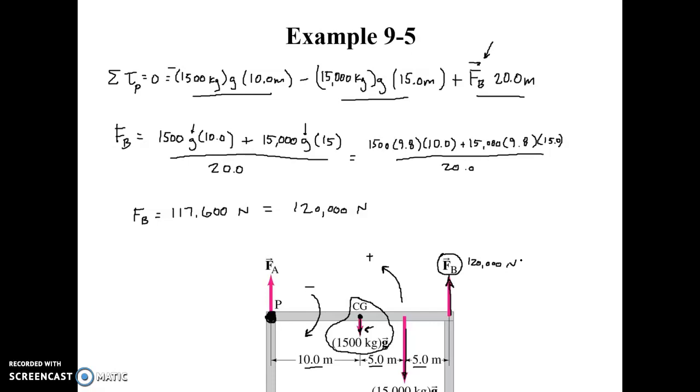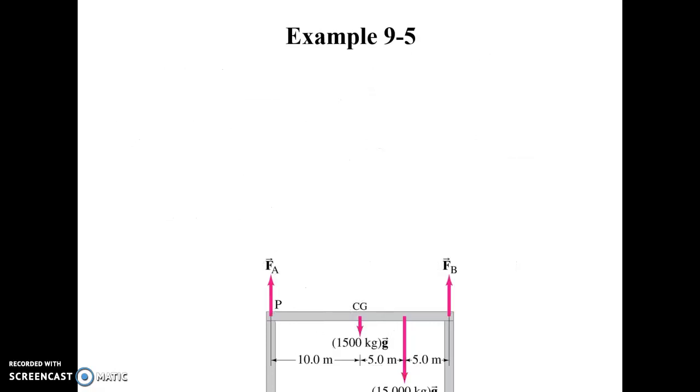120,000 newtons. Okay, so then what is Fa? Well, let's move on to the next slide here. So one of our other equilibrium equations was that the sum of forces in the y direction equals 0. So what are all the forces in the y direction?